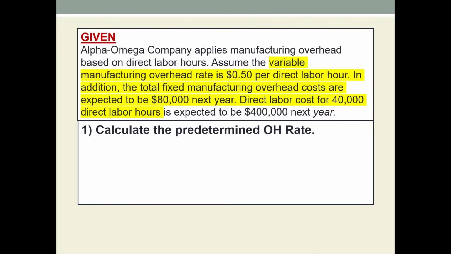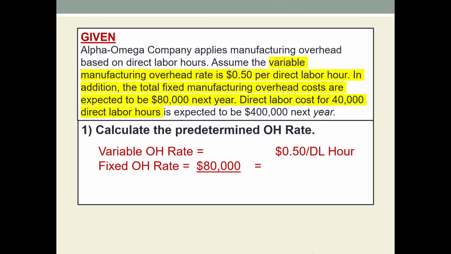Now the first thing we're asked to do is calculate the predetermined overhead rate, and I show you the useful information for calculating this. We have the variable overhead rate is 50 cents per direct labor hour, and we'll need to calculate the fixed overhead rate. Fixed overhead costs are expected to be $80,000.